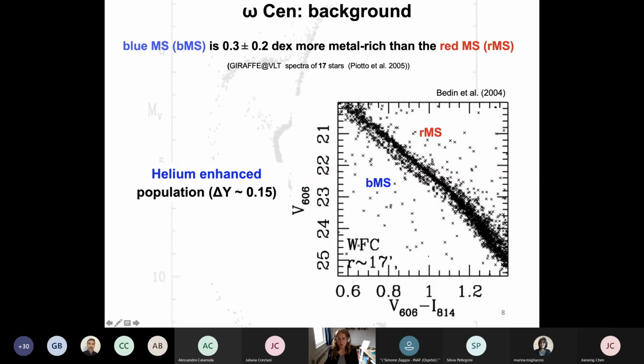So in order to be bluer and more metal-rich, the hypothesis is that these stars are actually helium-enhanced. By increasing the helium abundance, this stellar subpopulation shifts towards the blue. This is the main hypothesis for the origin of this bluer main sequence of stars that you see here.